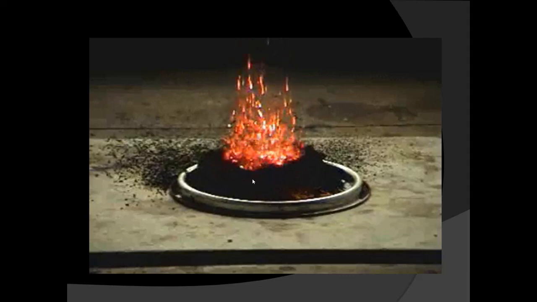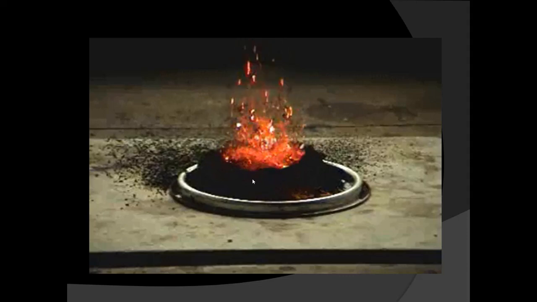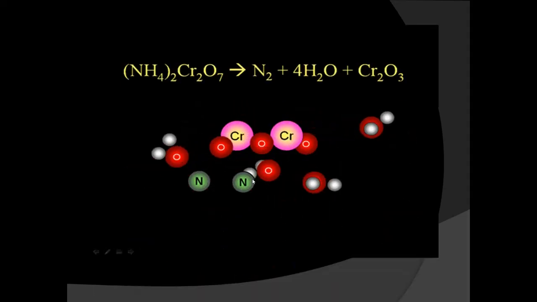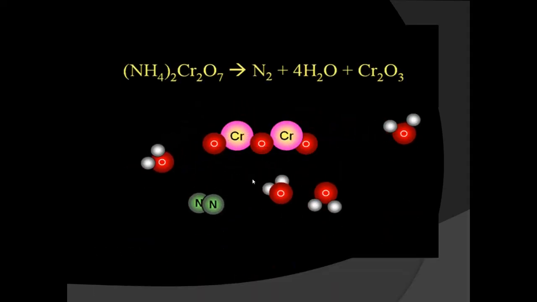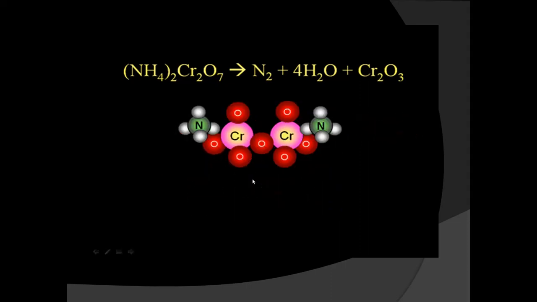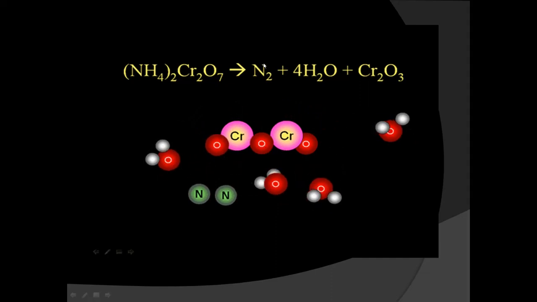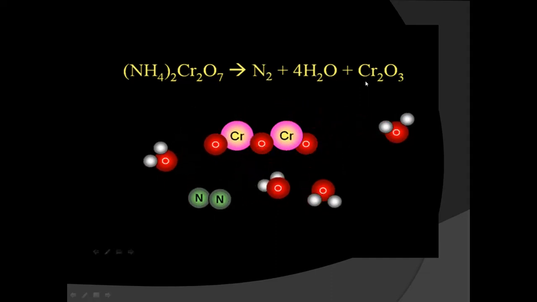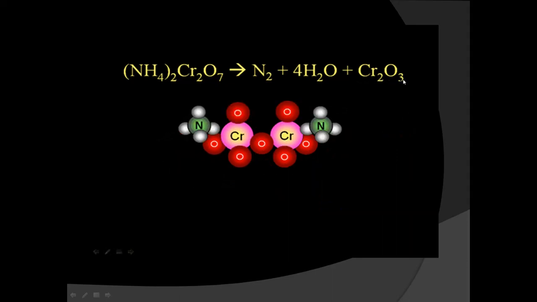So what is the chemistry behind this? Let us learn now. Ammonium dichromate, on heating, is decomposing, dividing, and it is giving rise to nitrogen, water vapor and chromium 3 oxide.